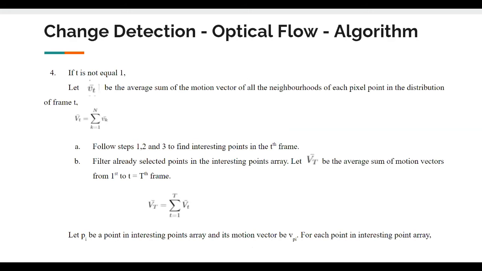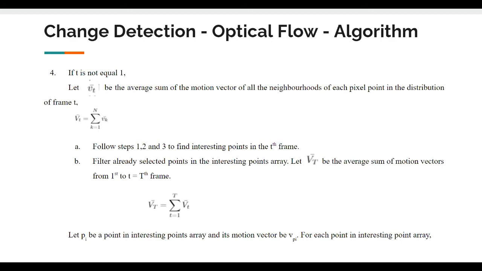The earlier steps I explained were for the initial frame. Now assume that the frame is not the initial frame. This step is done to check whether any point that we marked interesting would be interesting in consecutive image frames.